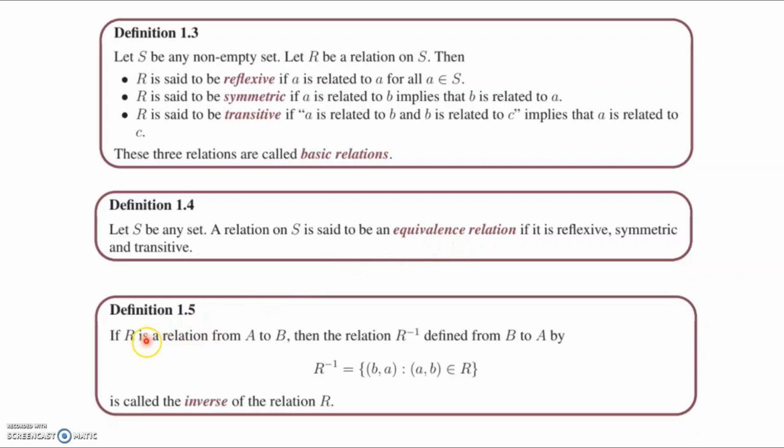Now, we can also define inverse relation. If R is a relation from A to B, then the relation R inverse, defined from B to A, is R inverse equals the set of (B, A) such that (A, B) belongs to R. This is called the inverse of the relation R.